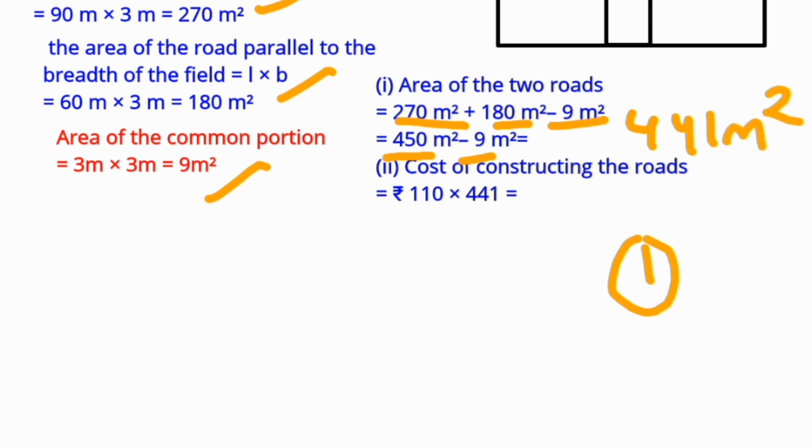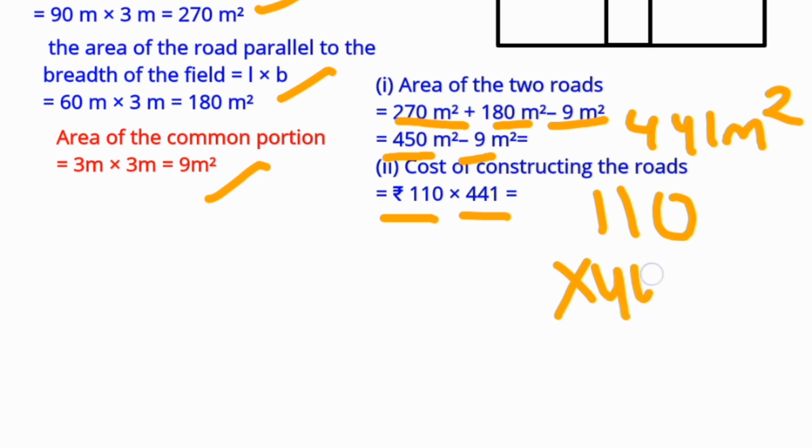And the second part, they are asking us to calculate the cost of construction. So cost of construction is rate into area, 110 into 441. If you know the table of 11, I hope you are a student of class 7, so you know the table of 11. So we are going to multiply by it to get the answer.